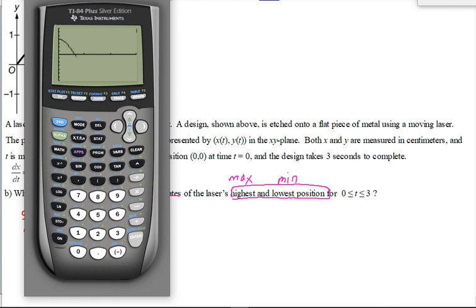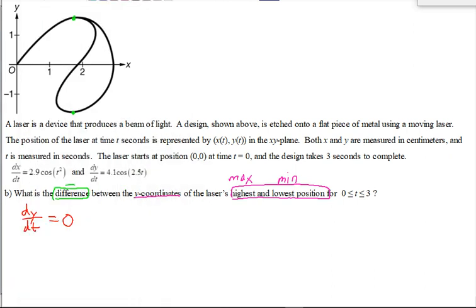So you can see it starts out positive, then negative, and then back to positive. That's what I look at, the y values. So we can draw our number line again. This time for dy dt from 0 to 3.